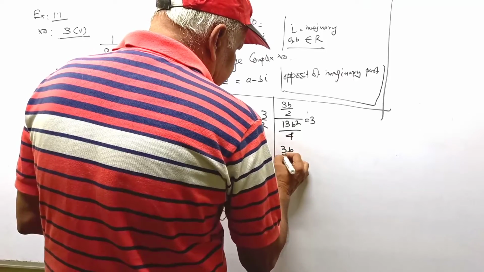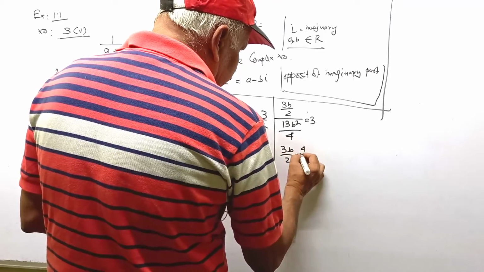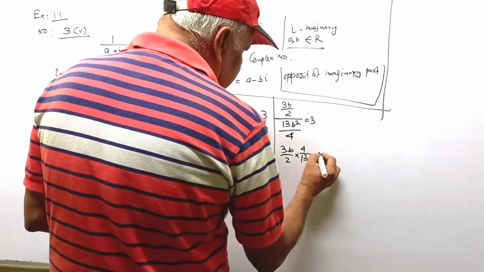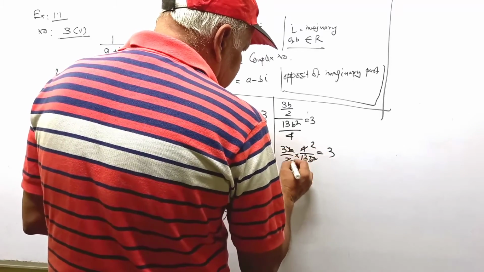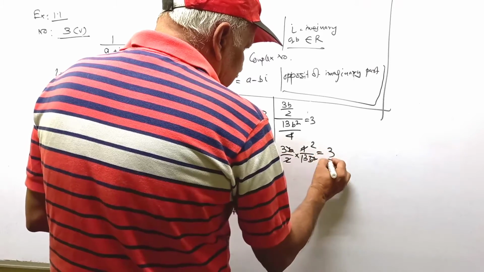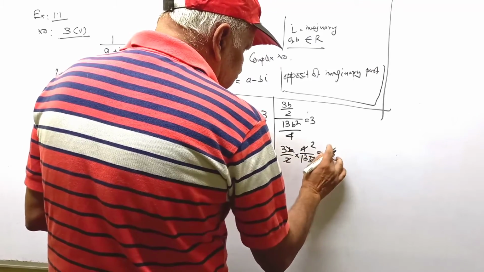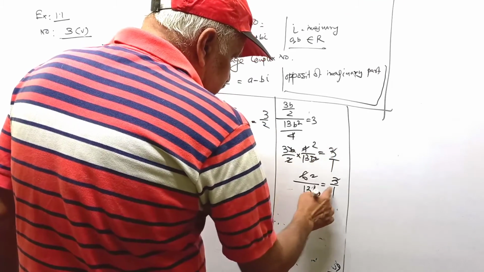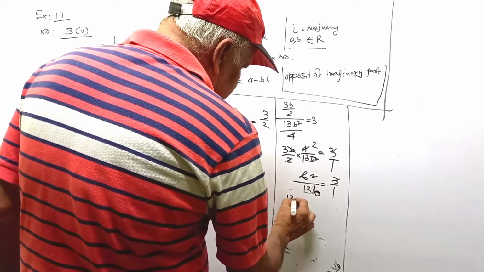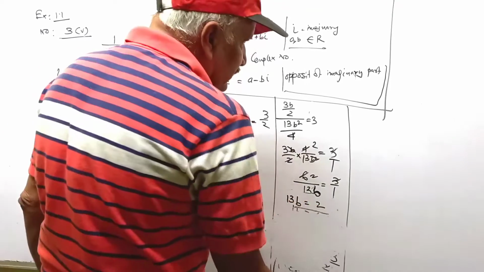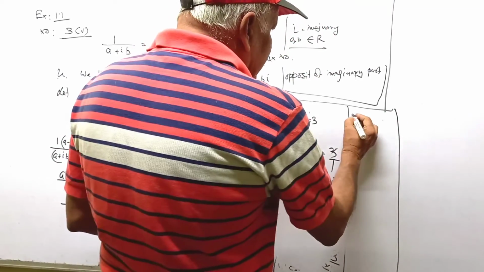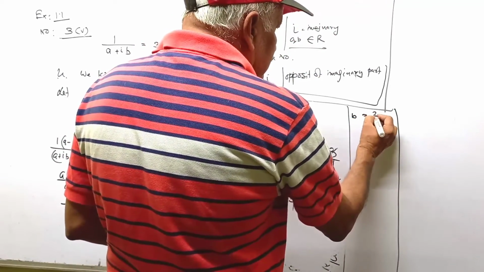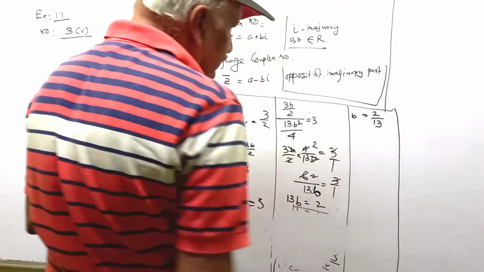Now 3b by 2 into 4 by 13b square equals 3. Cancel, cancel. So b equals 2 by 13.